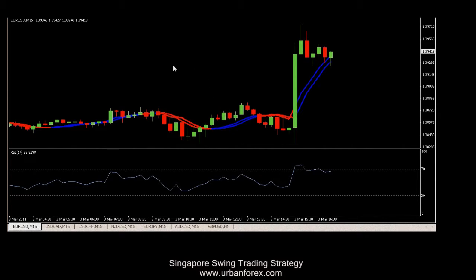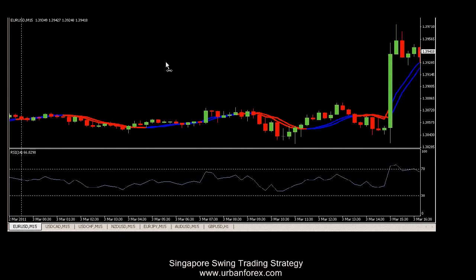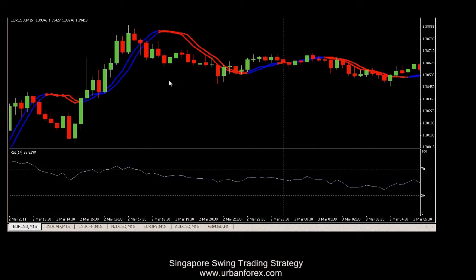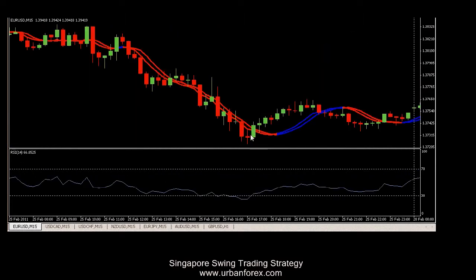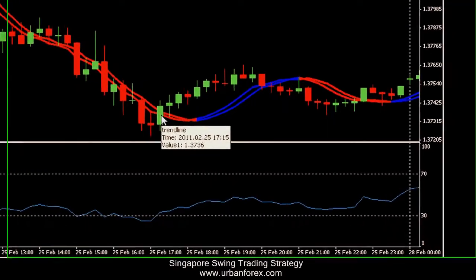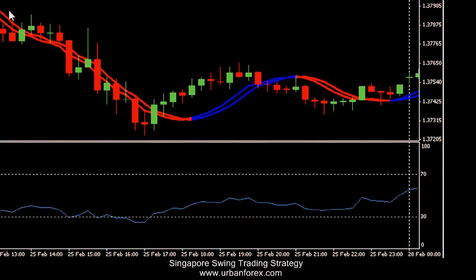Let's start with the buy example. Let's scroll back and find you one. Alright, here we have a buy example. You can see that the market was trending all the way down, giving us these two red moving averages, and down here our RSI started trending down below the 30 level.